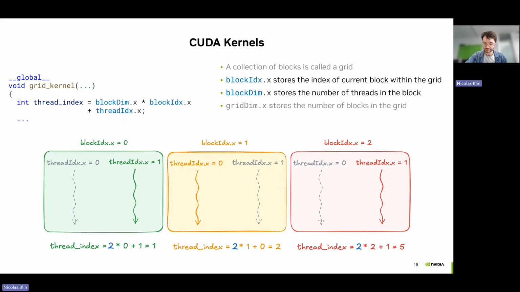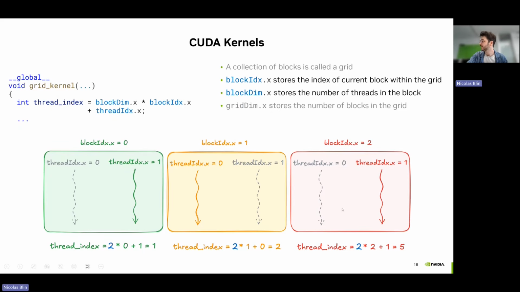So for example, the second thread of the last block, well, we use 2, which is our blockIdx.x. So that's the index of my block. We multiply it by the length of one block, which is here 2. So this allows us to have an offset of 1, then 2, to arrive here in my current block. And then I can just add what's my threadIdx.x, which is here for the last thread, 1, and I get 5.